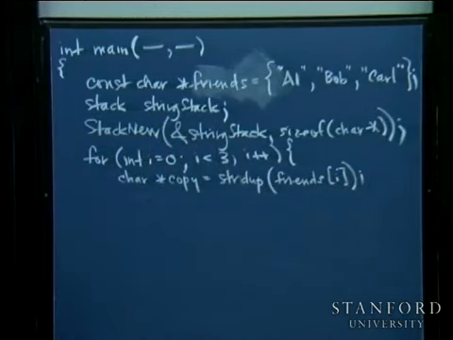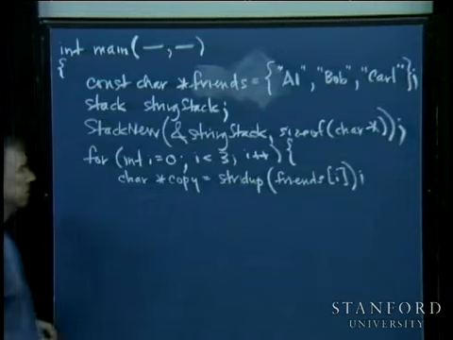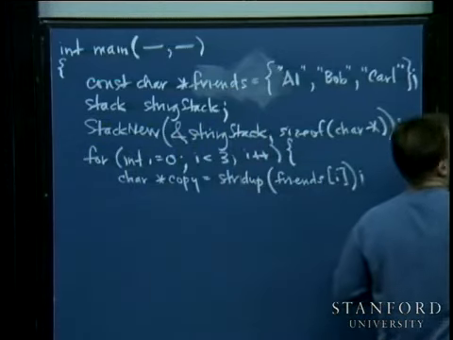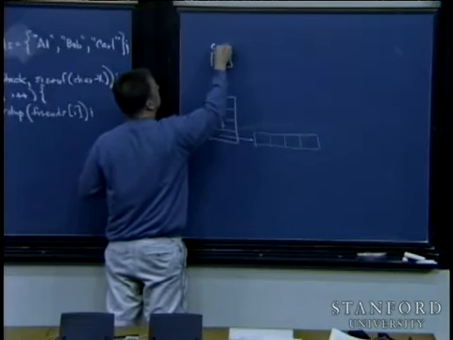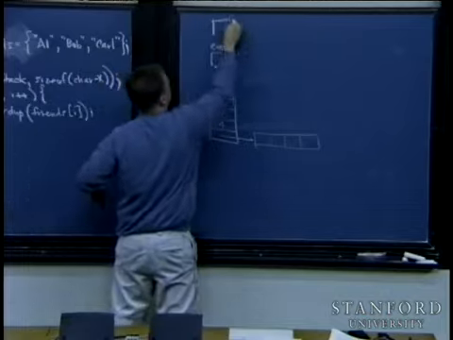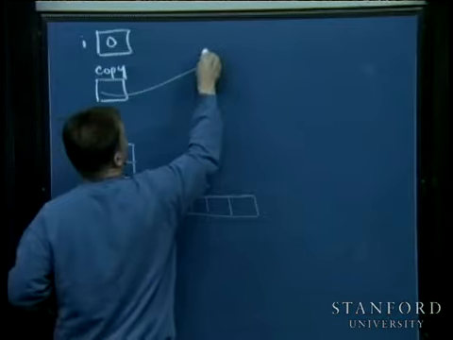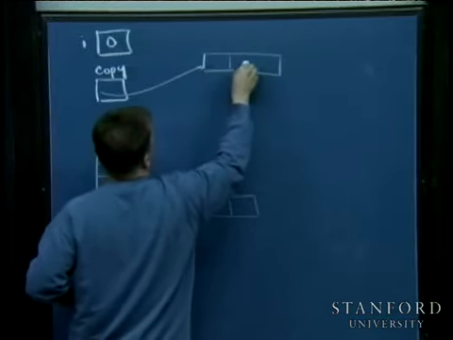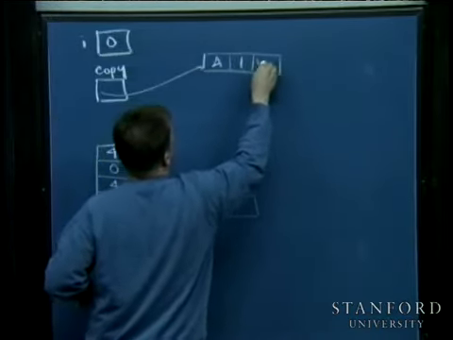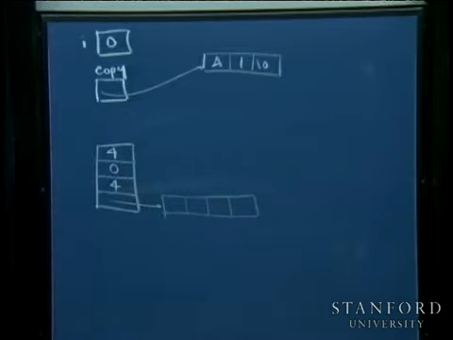This is an important enough variable that I actually want to draw it. Copy, on the very first iteration, when i is equal to 0, is set to point to a deep copy of Al\0 in the heap.